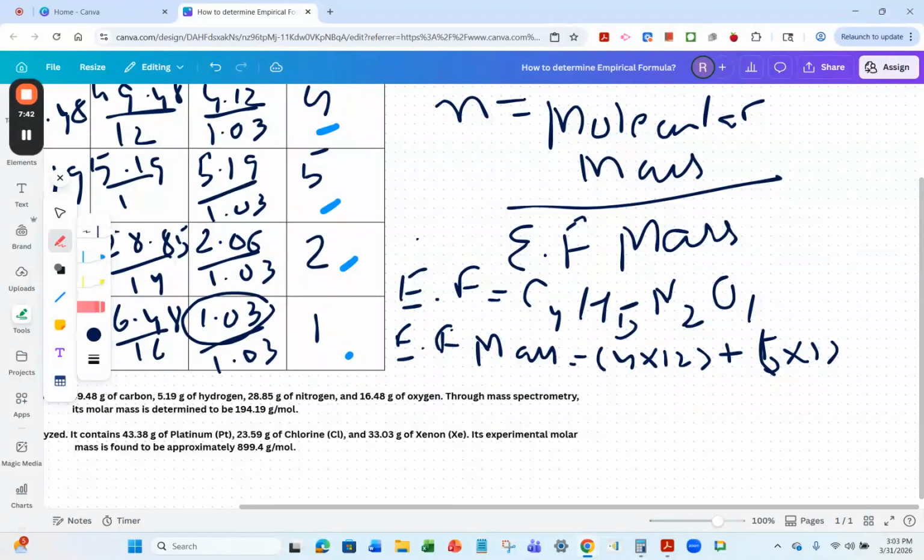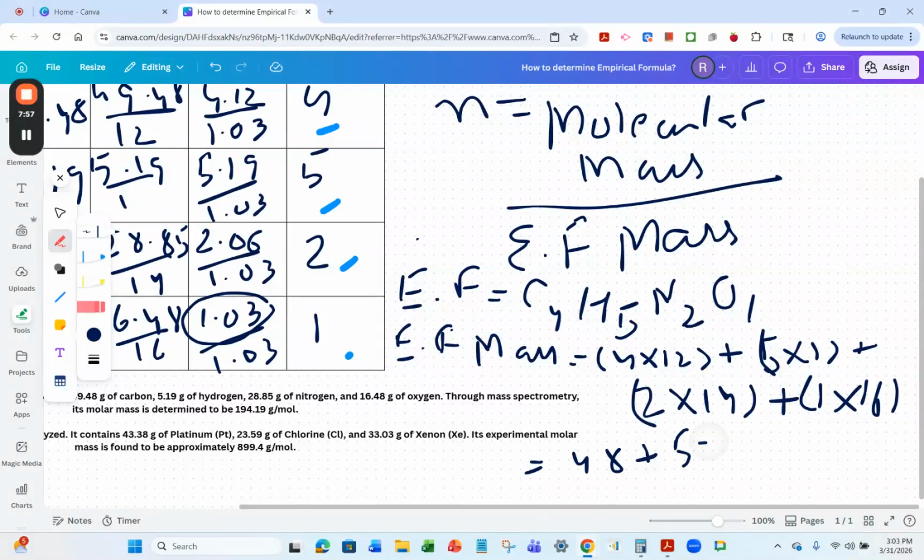We are multiplying the subscript with their standard atomic mass. 2 times 14, which is already in your table. You can tell your kids you don't have to go back to the periodic table. So this is 48 plus 5. 14 times 2 is 28 plus 16. So total empirical mass is my 97.